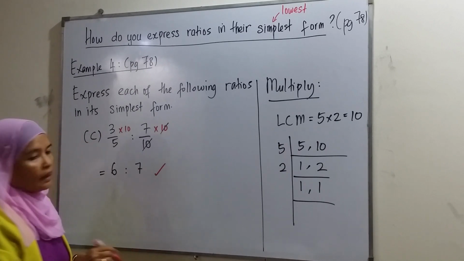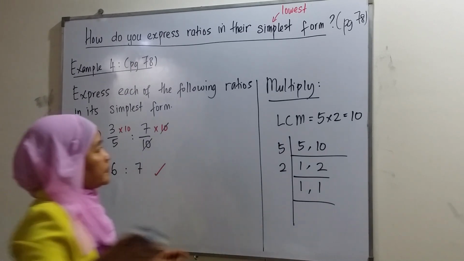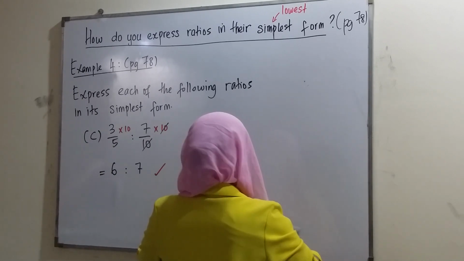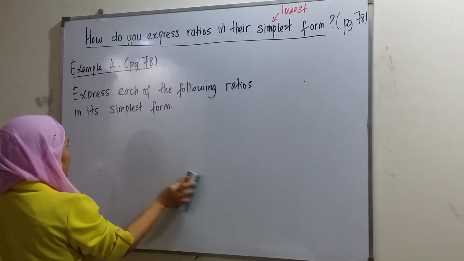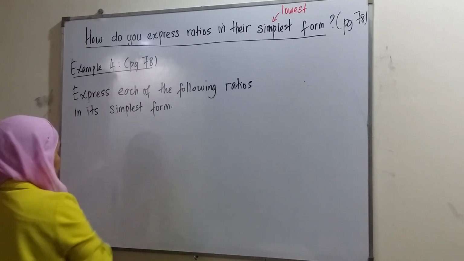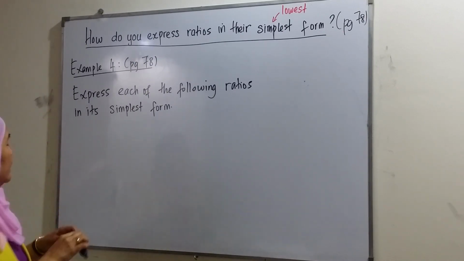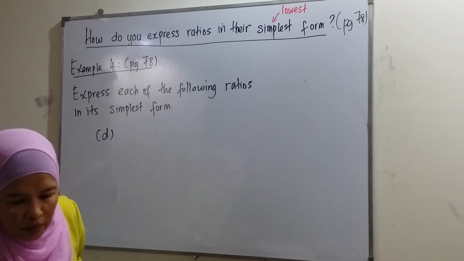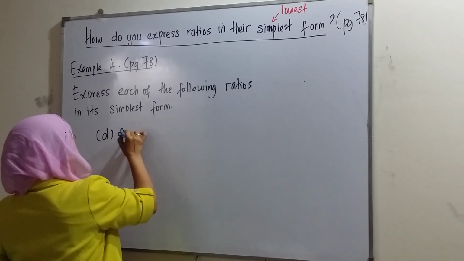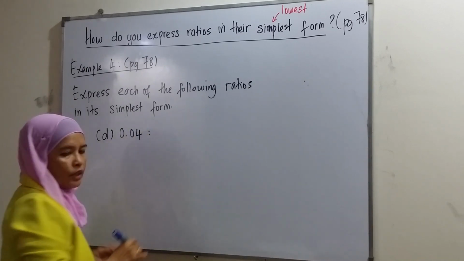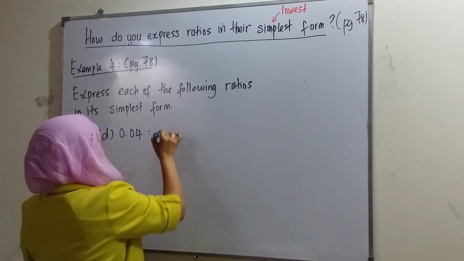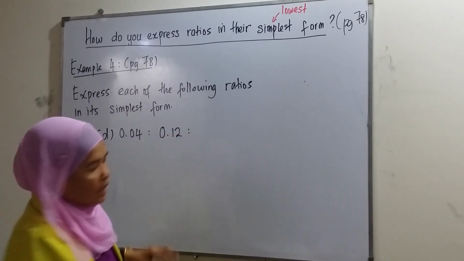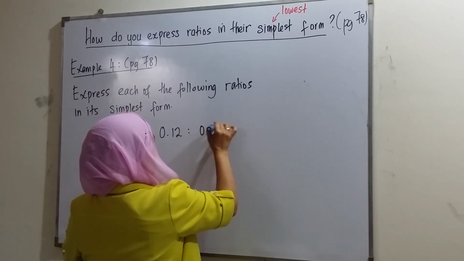Okay. Next, okay, look at D. The question is 0.04 ratio 0.12 ratio 0.56.